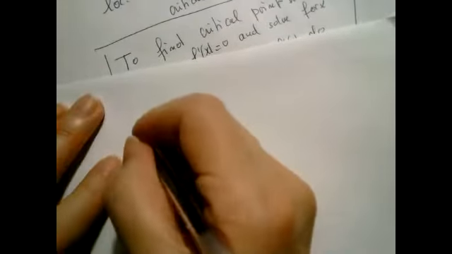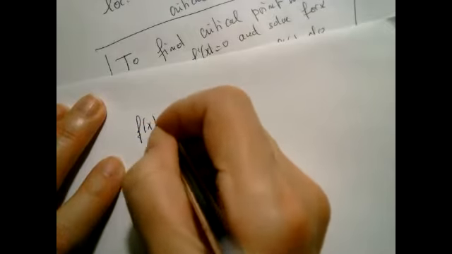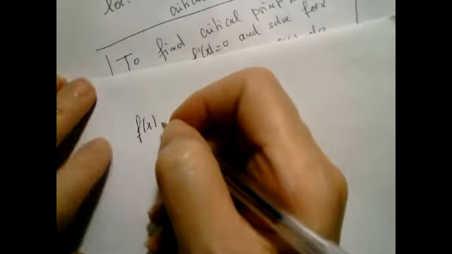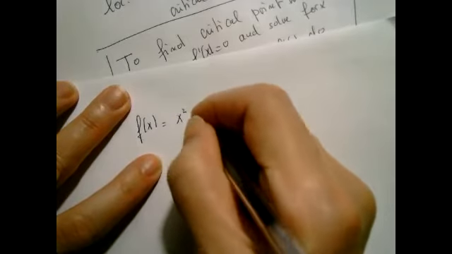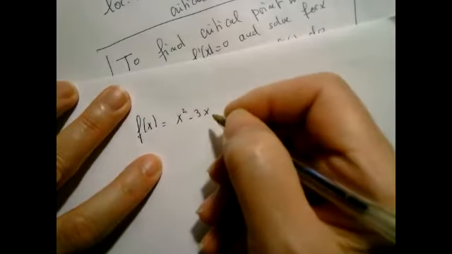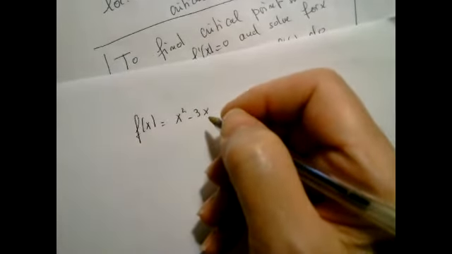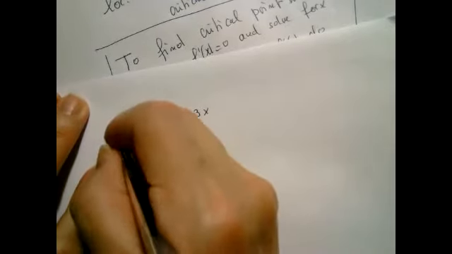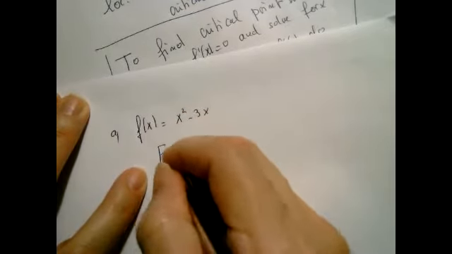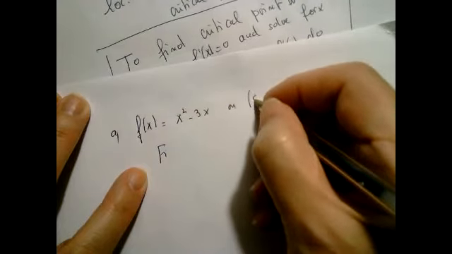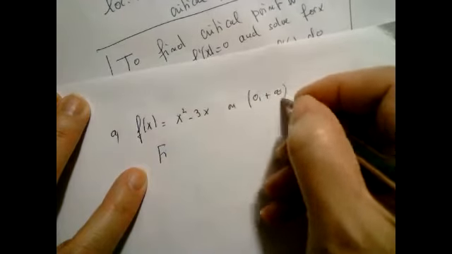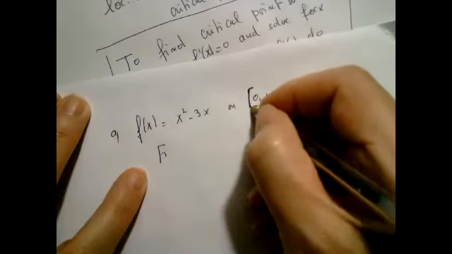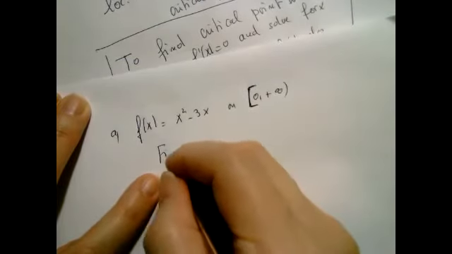Let f of x equal x squared minus 3x. Example number 1: on the interval 0 to plus infinity, find the critical points.